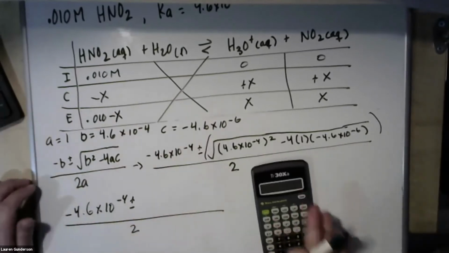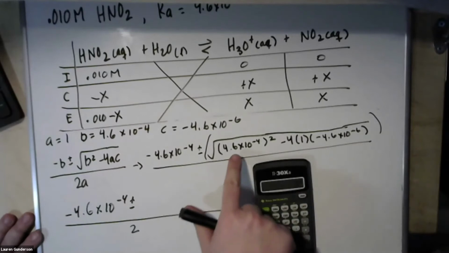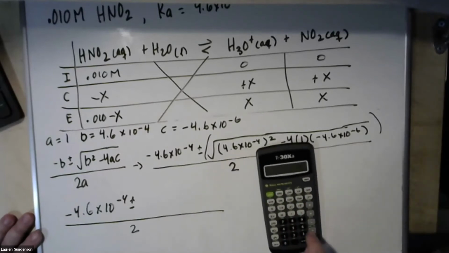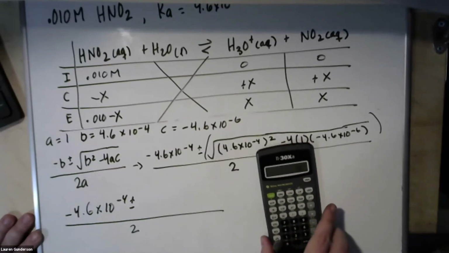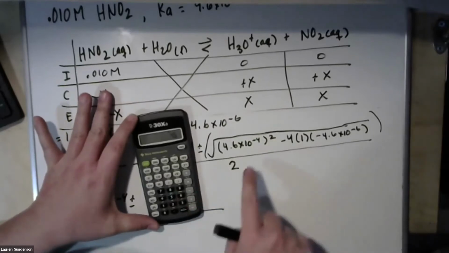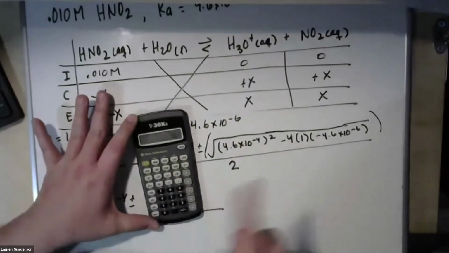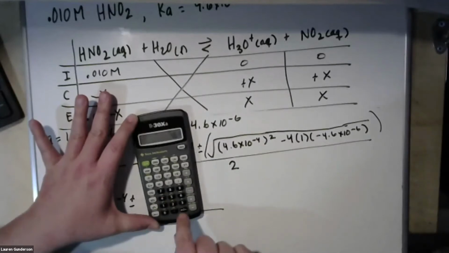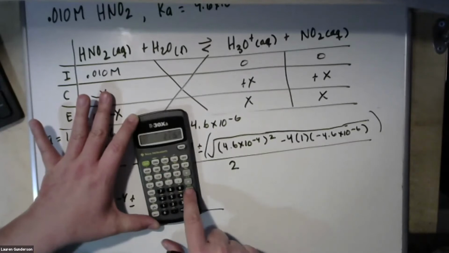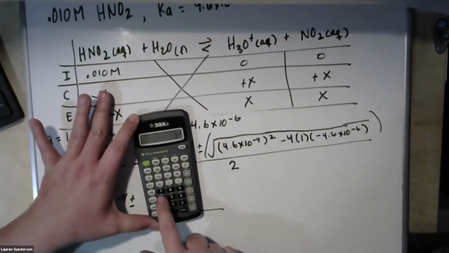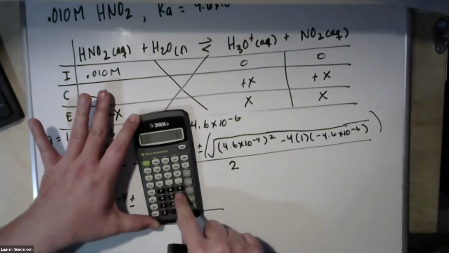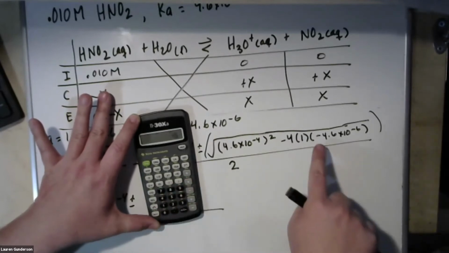On my calculator, I start by putting in the 4.6. I'll move it over here so you guys can see it. 4.6 and the double E, because that gives me my scientific notation. And then I'm going to square that value. Then I'm going to hit the minus sign and then parentheses, 4 times 1 times 4.6 negative, because I have to make that negative.